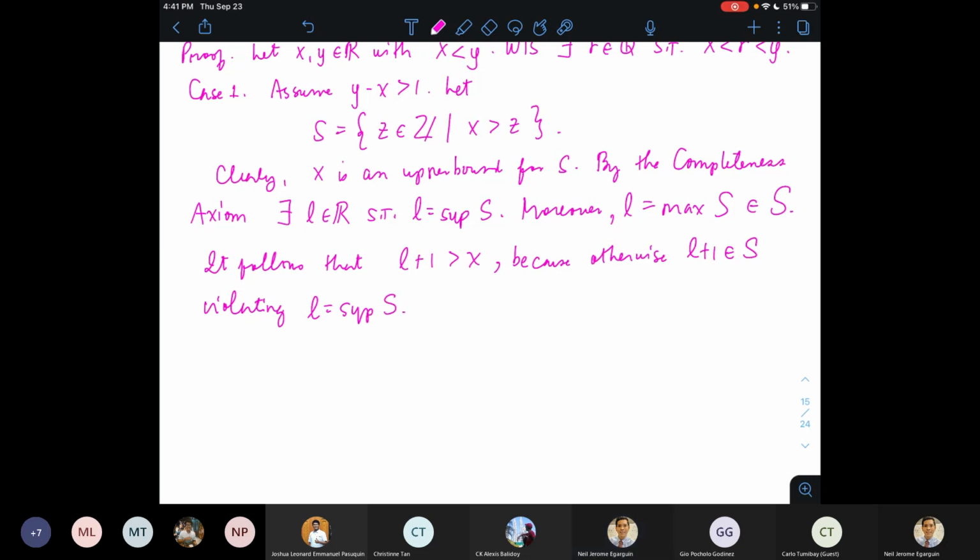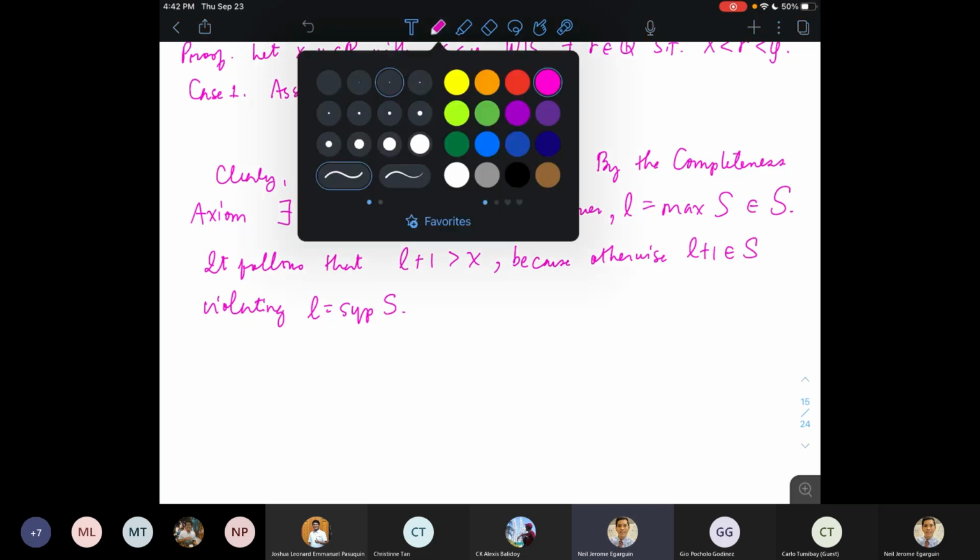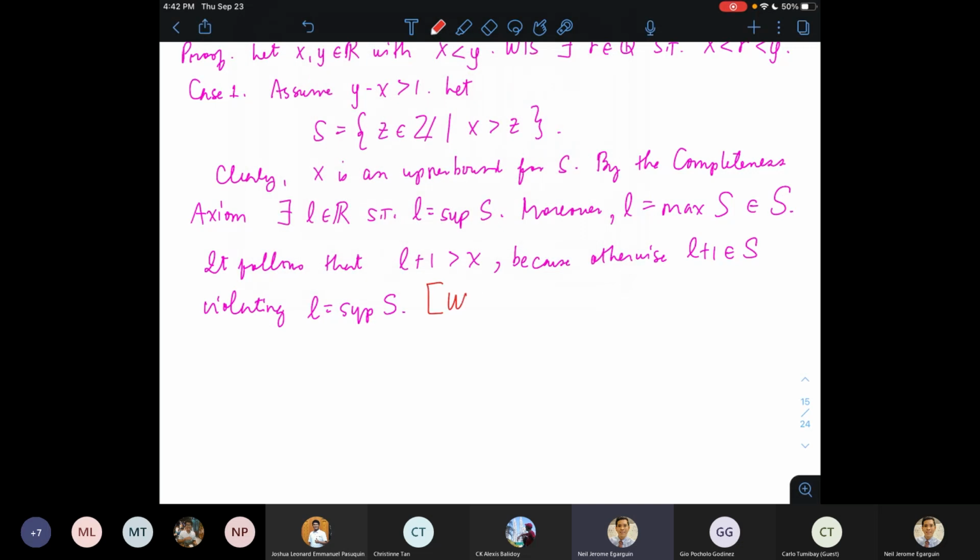All right? So, okay, meron na akong L plus 1. So actually, ang niluluto kong argument dito, si L plus 1 yung maging rational number sa pagitan ni X and Y. So ano na lang yung kulang? So now, I'll use a different color here. We want to show that L plus 1 is actually less than Y naman.